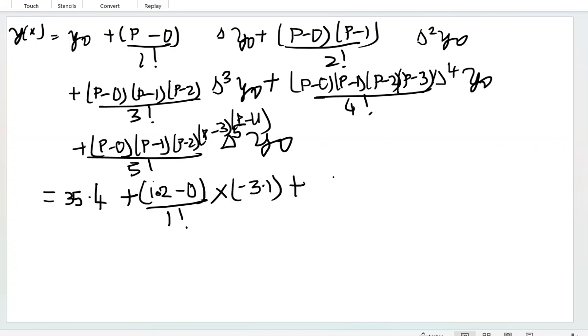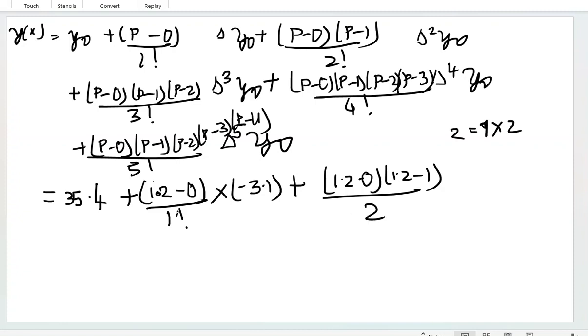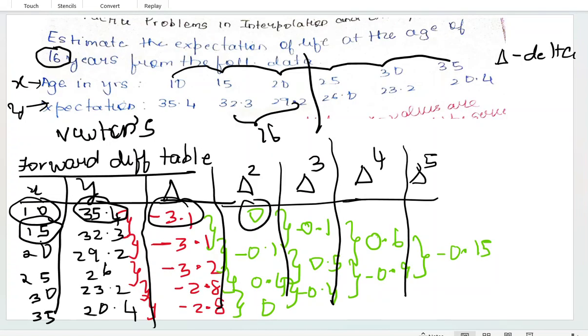Then you have 1.2 minus 0, 1.2 minus 1 upon 2 factorial, which is 2 into 1 into 2, which is 2. Similarly, this 1 factorial is 1. And delta square y naught is the first value in the delta square column, which is 0.